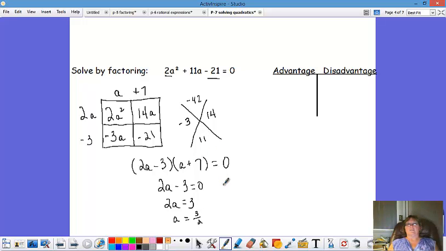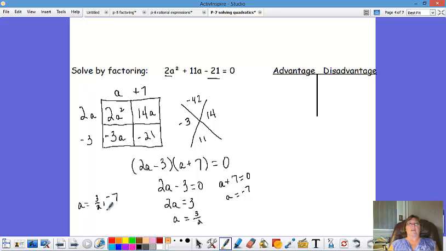It's also true that the other parenthesis or other factor could equal 0, so a plus 7 could be equal to 0. Solving for a here means that a could be negative 7. So we have two solutions for this. a is equal to either 3/2 or negative 7, and both are correct.